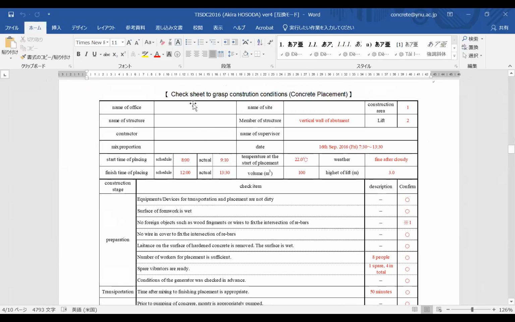This sheet is shared among supervisor of the construction. I mean owners. Engineer, government engineer, for example, and contractors. They are sharing this check sheet.